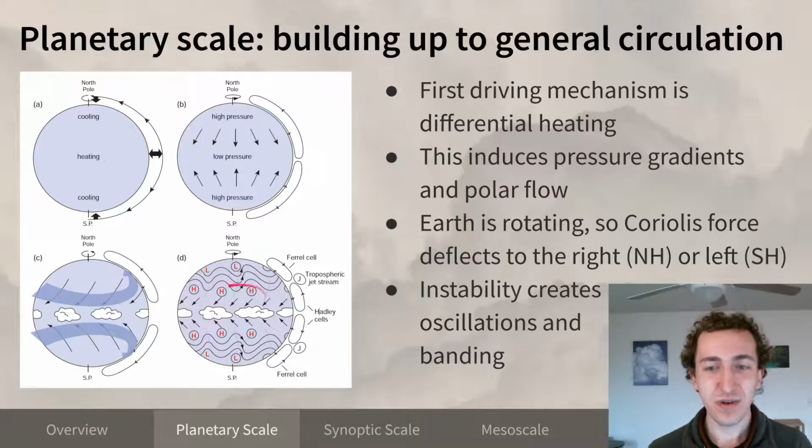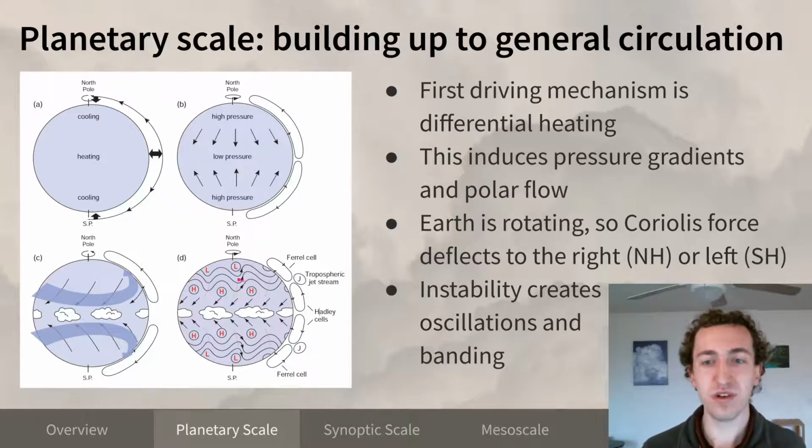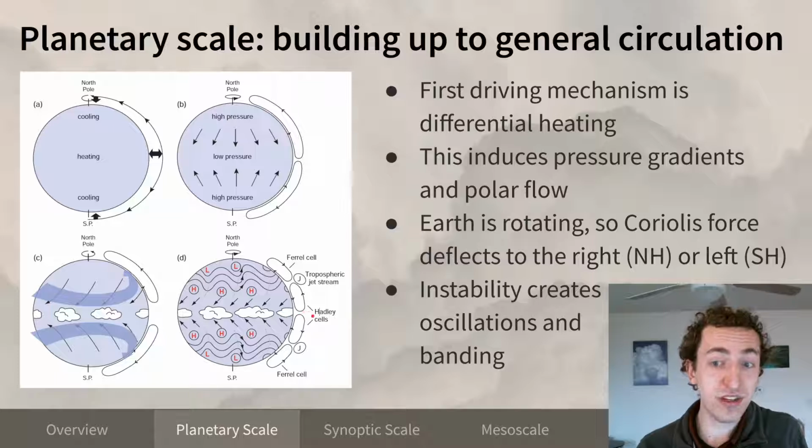But any little thing that's off, such as differences in heating or just turbulence, random chaotic variations in the airflow, would create wave patterns and oscillations that look like they're bouncing back and forth. So you create oscillations like this, which also creates banding structures.